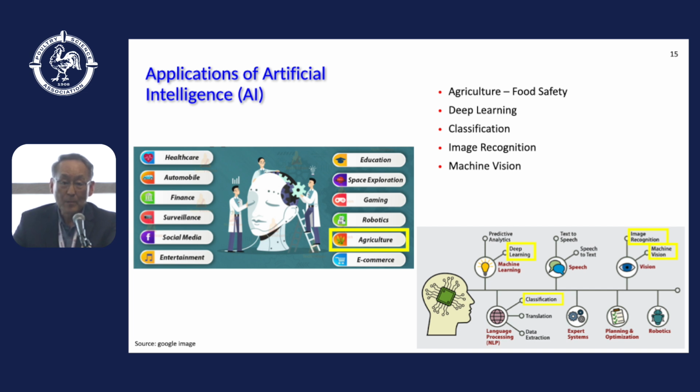I'm going to talk in more detail about applications in agriculture, especially food safety. If we look at AI, we consider many different approaches, such as deep learning, classification, image recognition, machine vision, and so on. I'm going to use these kinds of AI tools to apply to my data analytics of bacteria data, okay?